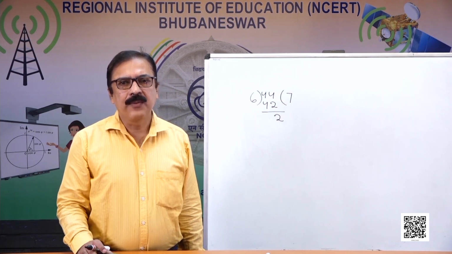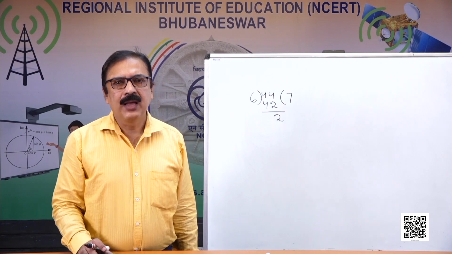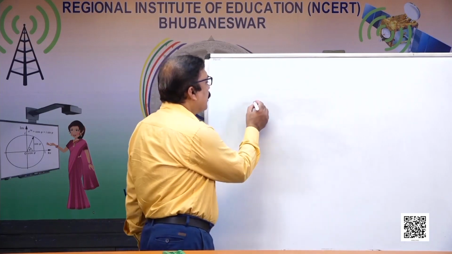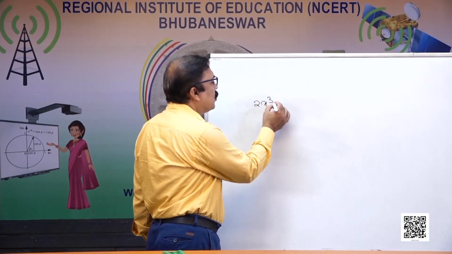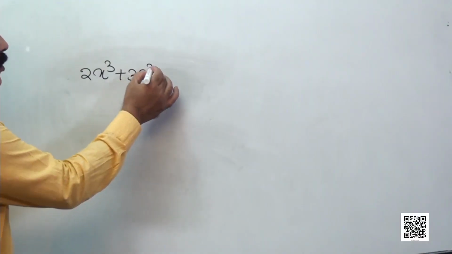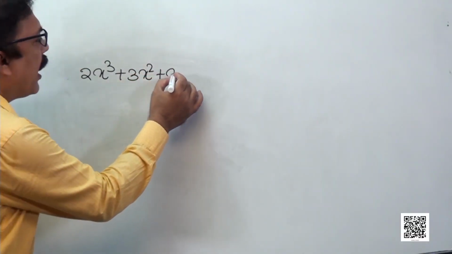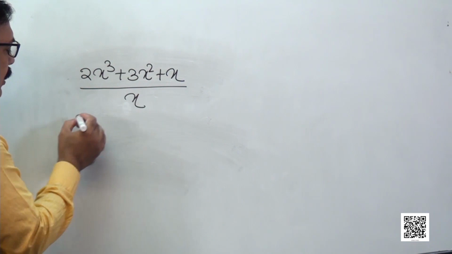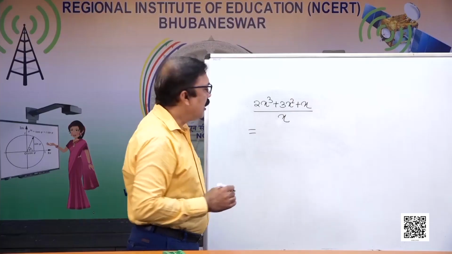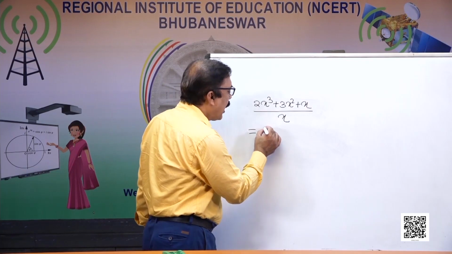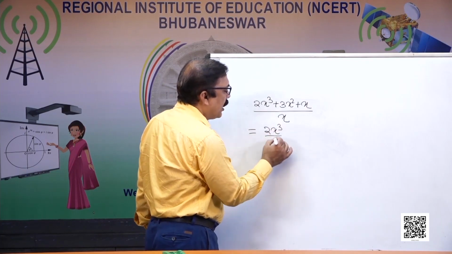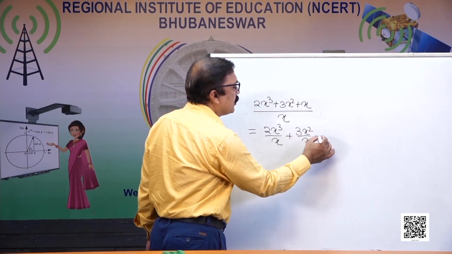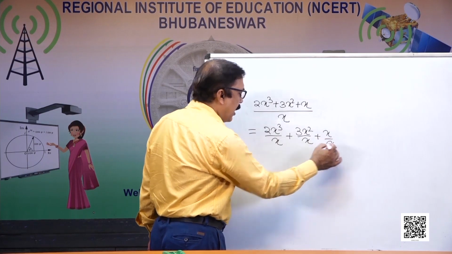Let's start with a polynomial divided by a monomial, say x. Here the polynomial is 2x cube plus 3x square plus x. This is to be divided by x. By distributive property, we can write 2x cube by x plus 3x square by x plus x by x.